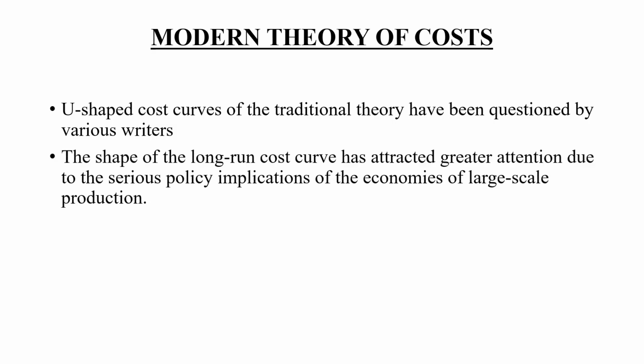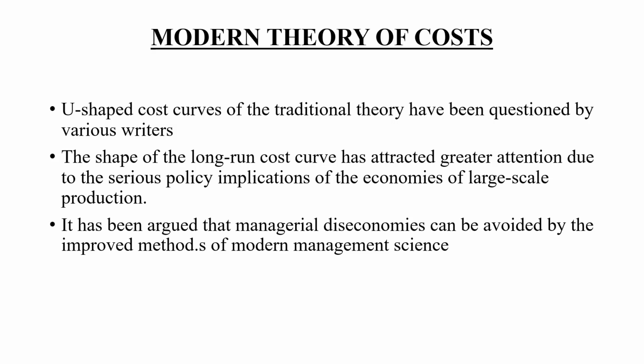The shape of the long-run cost curve has attracted greater attention in economic literature too, probably due to the serious policy implications of the economies of large-scale production. Several reasons have been put forward to explain why the long-run cost curve is L-shaped rather than U-shaped.